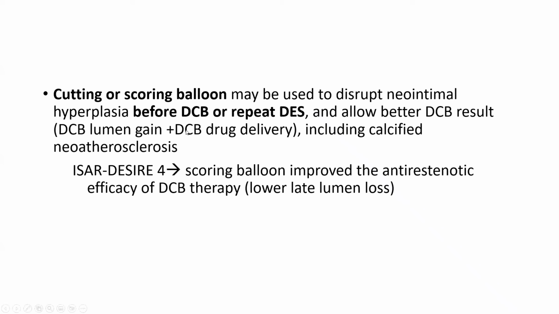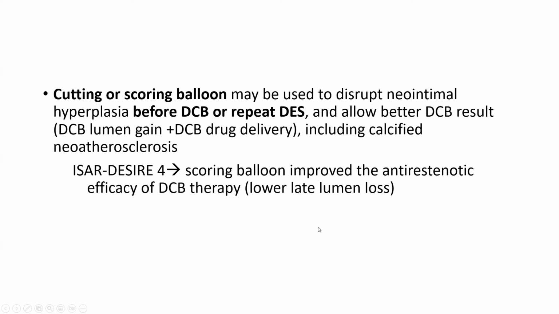It also allows potentially better DCB drug delivery, especially in calcified neoatherosclerosis. And ISAR-DESIRE 4 has shown that scoring balloon improves the antirestenotic efficacy of DCB therapy with lower long-term late lumen loss.